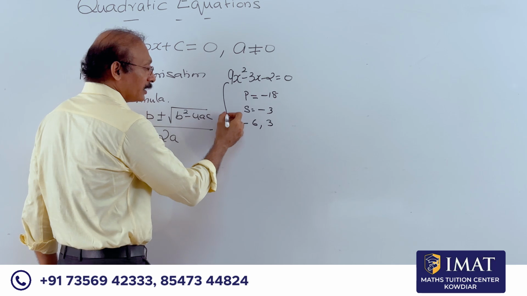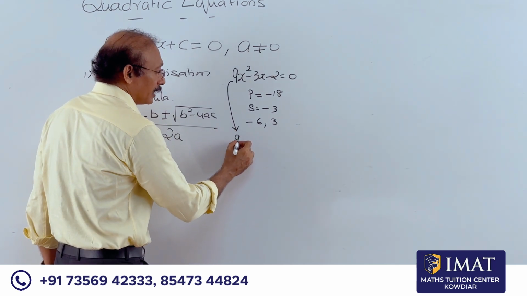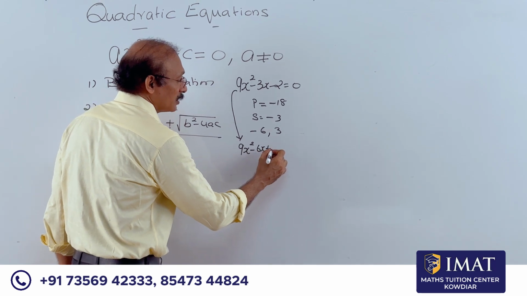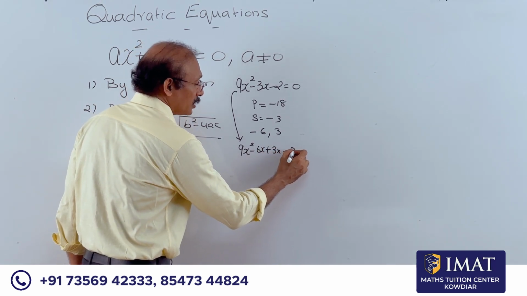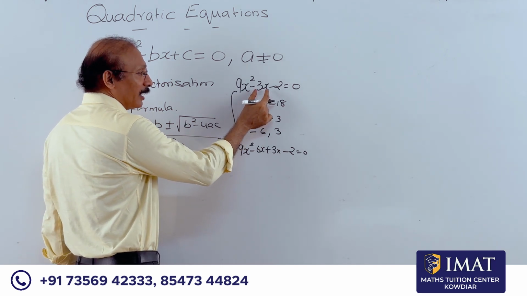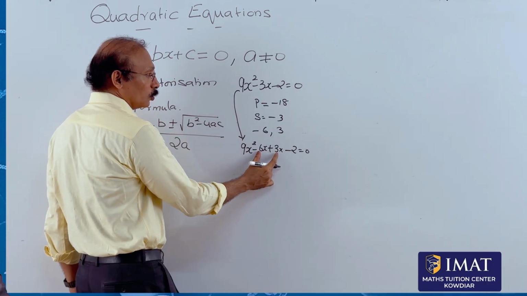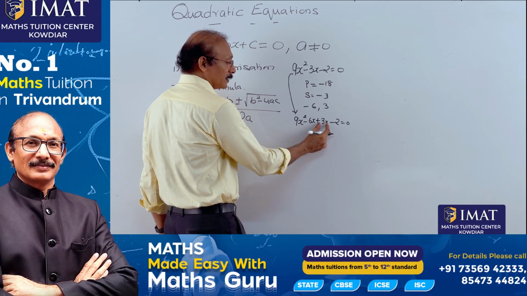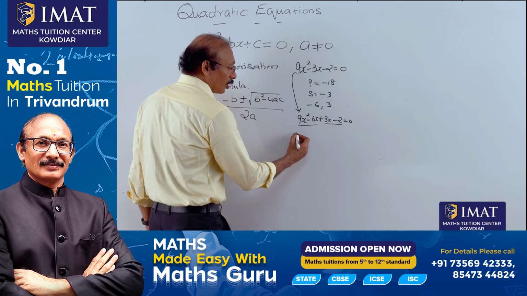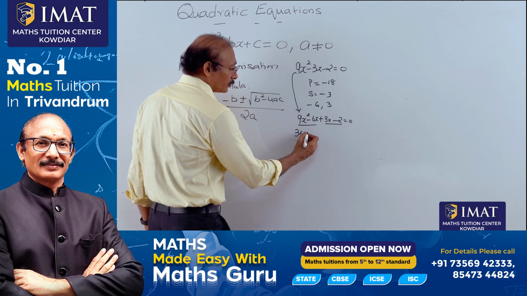So this quadratic equation can now be written as 9x square minus 6x plus 3x minus 2 is equal to 0. നമ്മൾ എന്ത് ചെയ്തു? The middle term, that is the x term, has been split into two, minus 6x plus 3x. And now you group the terms. Take out the common factor. So 3x common from the first two terms.